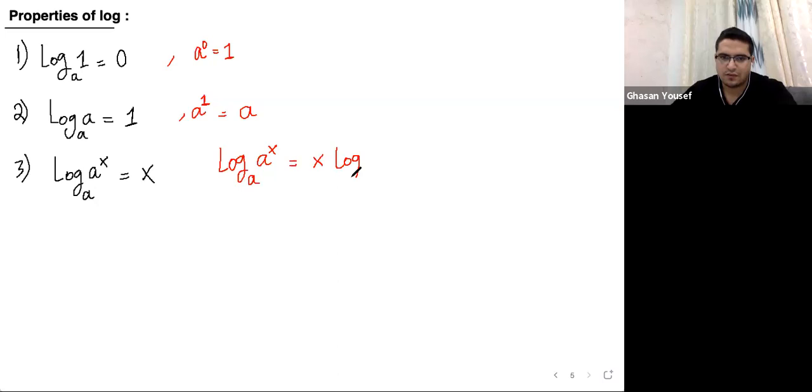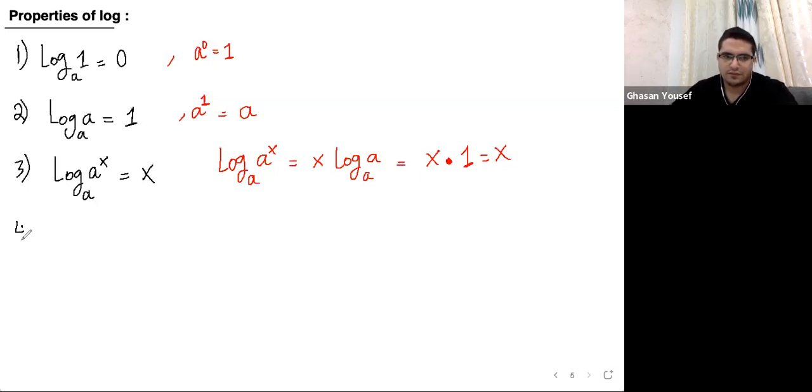Log a to the power x, and log a to the base a, by using the second property, is equal to 1. So I get x times 1, and this is equal to x. So the answer is x, correct.